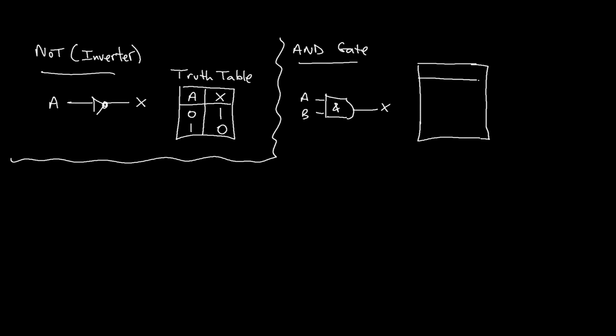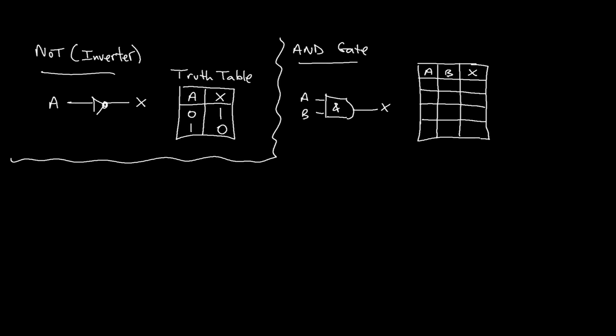Okay, so we're going to have a column for A, a column for B, and a column for output. We normally call that X. And I'm thinking of 4 possible input combinations, so do it this way. And here's a good way to write in all those combinations of inputs.